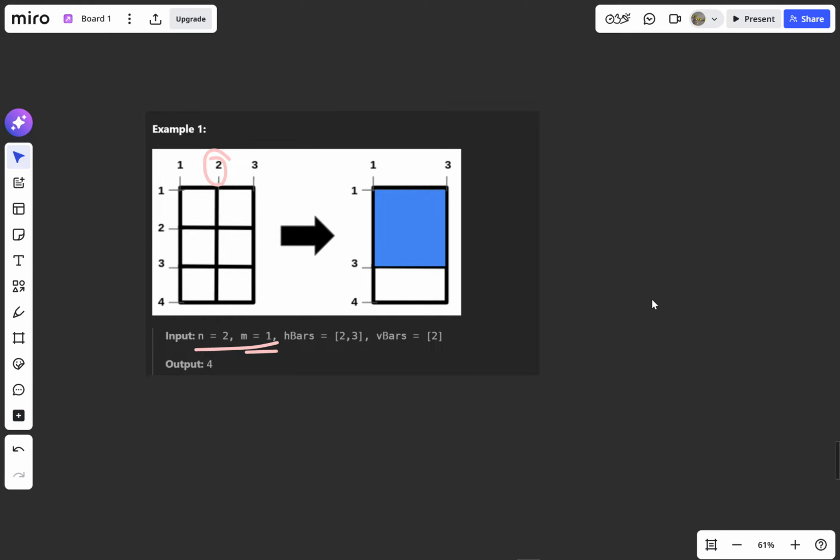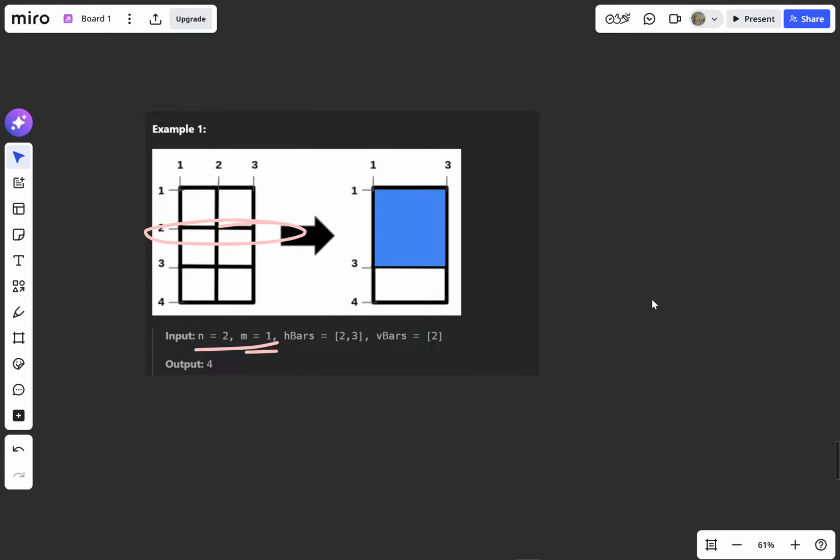Okay, so why plus 2? Because here only 2 is a vertical bar present, but the boundaries we have to assume are always present. So this 1 and 3, and in horizontal 1 and 4, these are the boundary bars which will always be present. So that's why n plus 2 and m plus 2 is given.